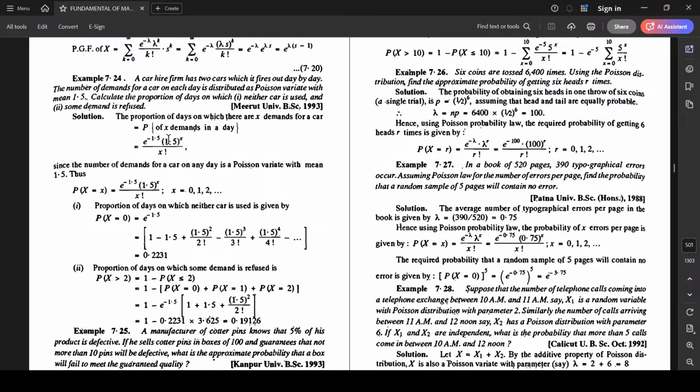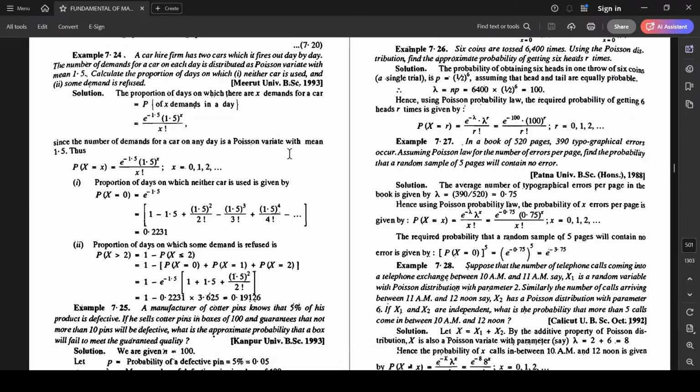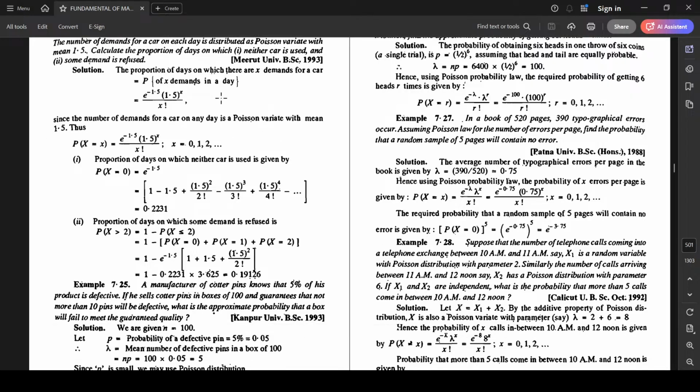So it is e to the power of minus mean into mean to the power of X upon X factorial. So here it becomes e to the power minus 1.5, 1.5 to the X upon X factorial, since the number of demands for a car on any day is a Poisson variate with mean 1.5.